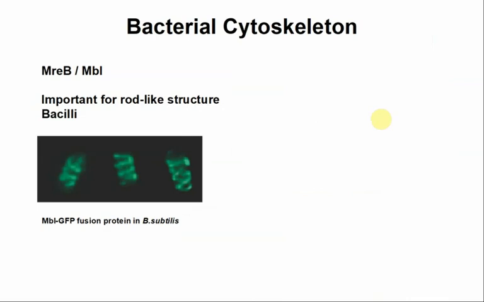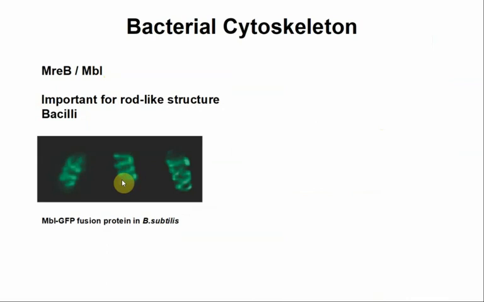The bacterial homologs, which structurally are similar to actin, are the MreB or MreB-like MBL proteins. Like actin, they can exist as a soluble or polymerized form. When polymerized, they form spiral polymers inside bacilli, which form a structure that allows the bacterial cell to elongate.